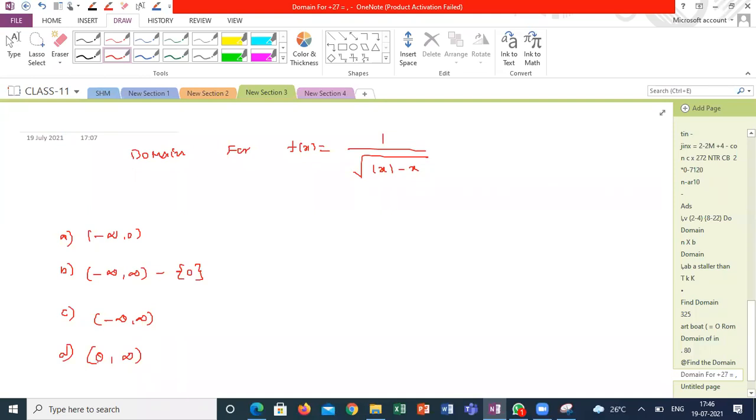Which answer is possible here? Is it the same answer or a different answer we'll get here? Denominator can't be 0.